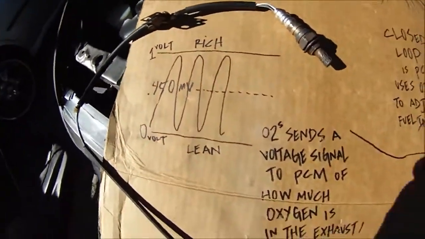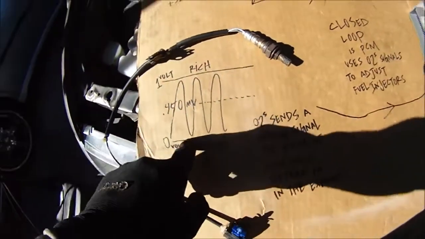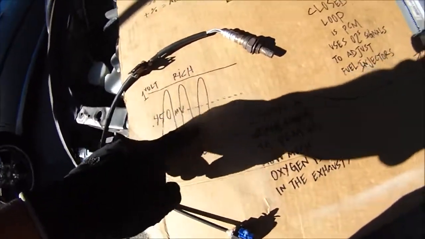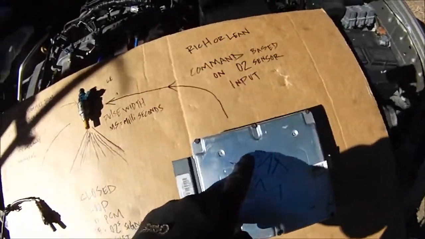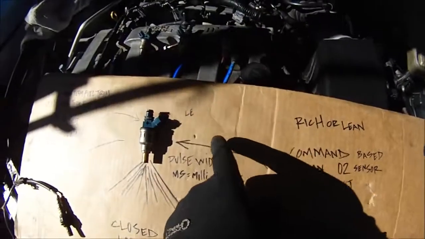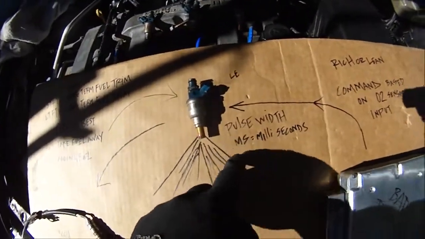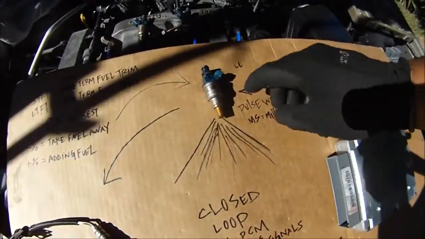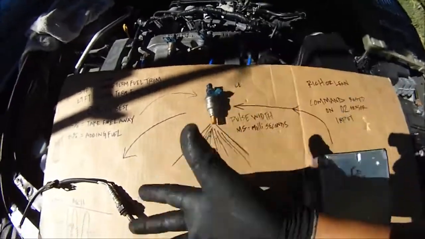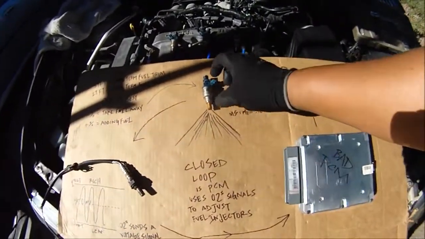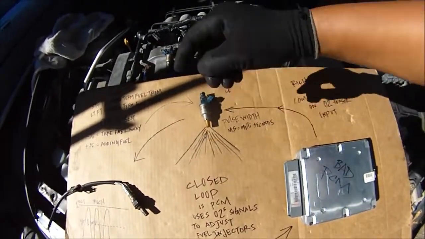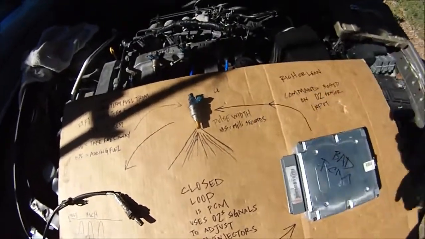Because this O2 sensor is reading lean and sending a lean signal to the PCM, the PCM is sending a command to the injector, telling it to stay open longer because there's too much air inside of the exhaust. So it's telling the injector to stay open a little longer each time.